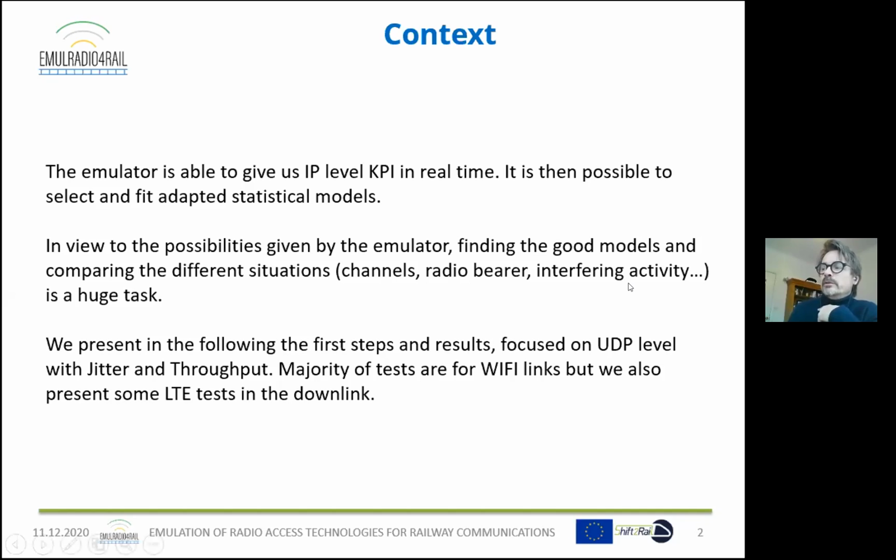The first step will focus on the UDP level with jitter and throughput. Of course, we could have higher dimensions, more related stuff. This is future work. The majority of what I'm going to present is for Wi-Fi, but I will also present some downlink LTE results.